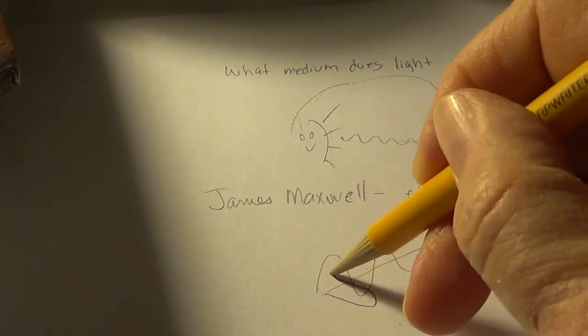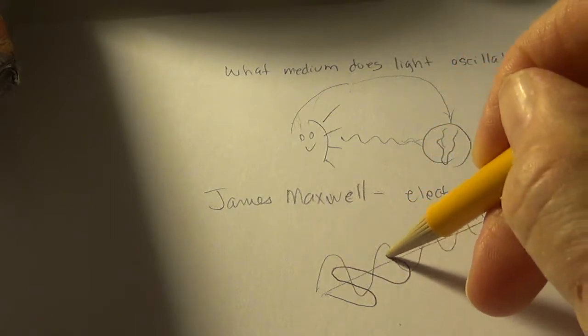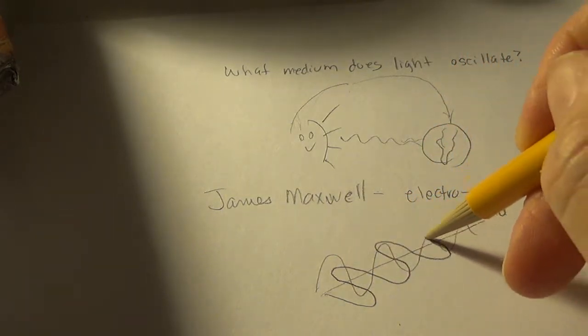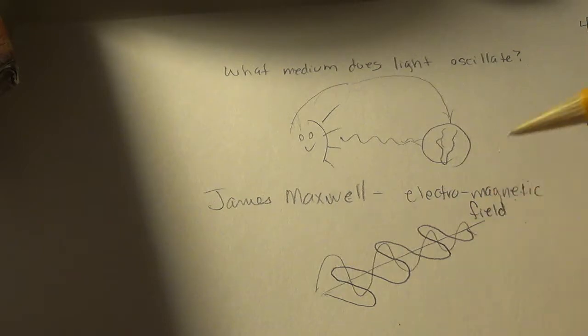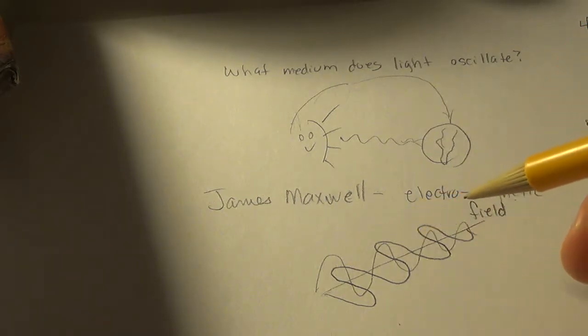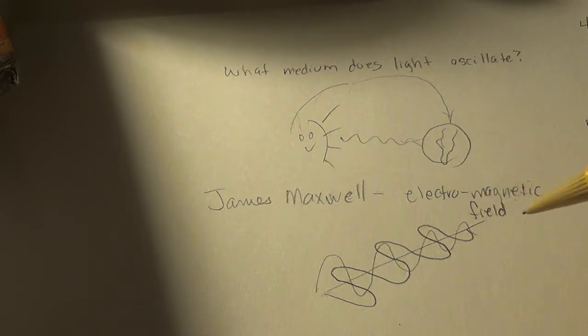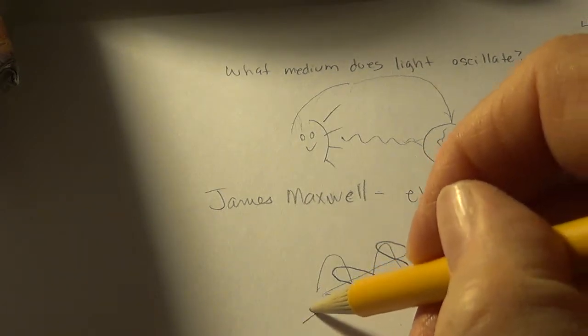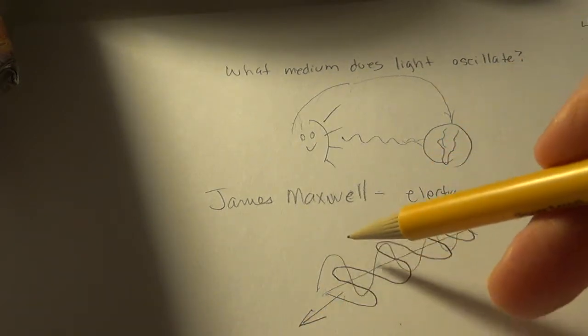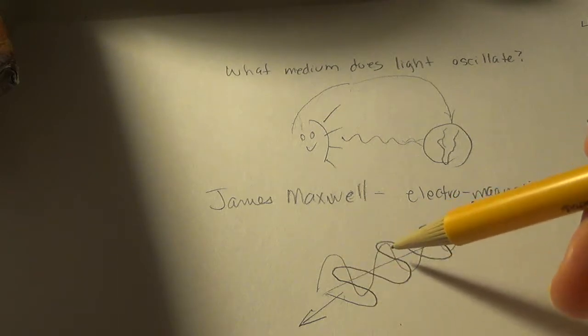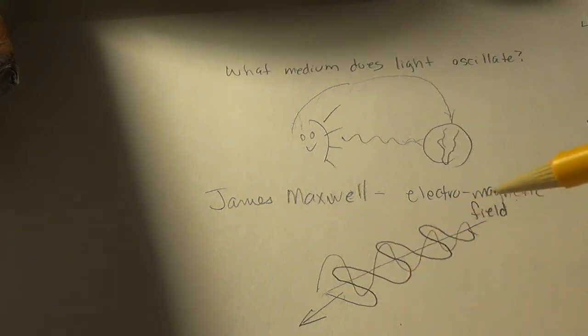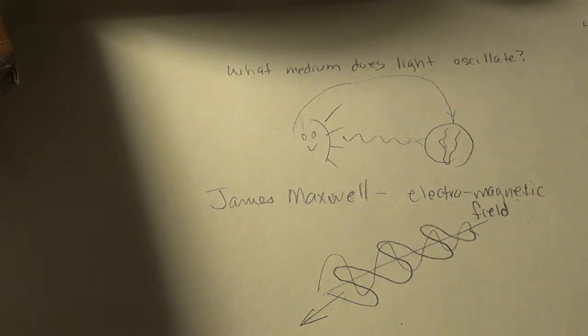It goes at right angles to it. So you don't have to draw it. I took a picture of it there. But these are at right angles to one another. So this is the generally accepted view of a light wave, where we say the thing is traveling that way. The magnetic field and the electric field oscillate at right angles to one another.